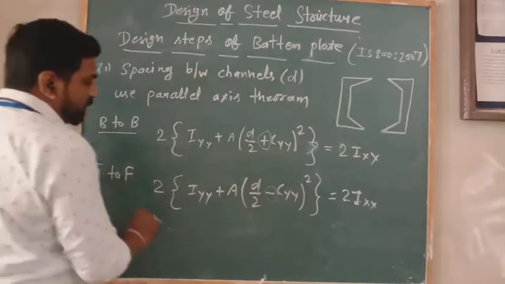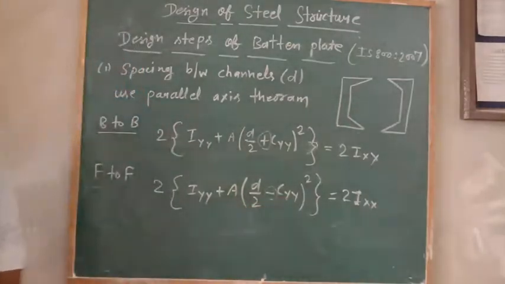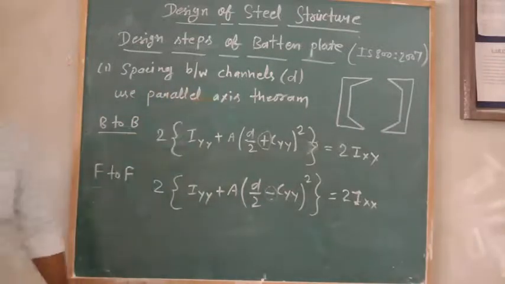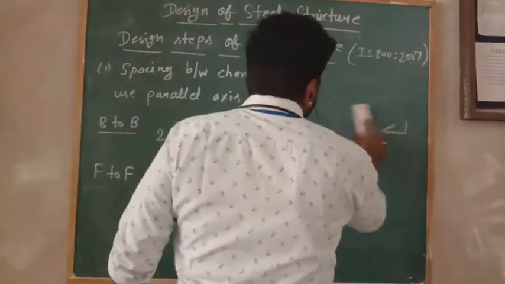Now the second step is spacing between battens. We have found the spacing between channels, now we find the spacing between battens. So I draw a diagram of the battening plate here and explain.